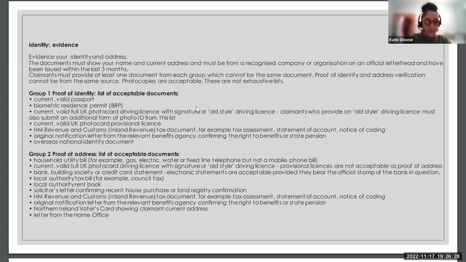Doctors, the GP, they're good at providing proof of your address, because sometimes people keep the same GP throughout life or for many years, and they have a record of the addresses where you've lived. Banks do as well, which is really good. And any documents from the Home Office, including your BRP card, your biometric residence permit card, and any overseas or national identity documents.